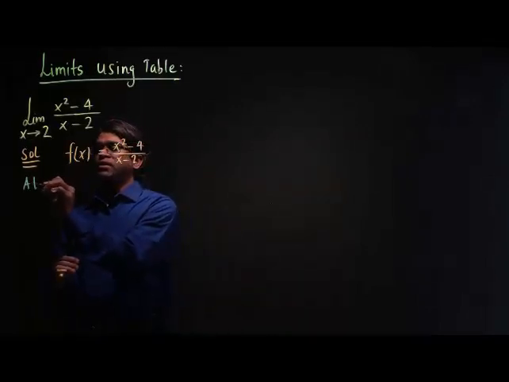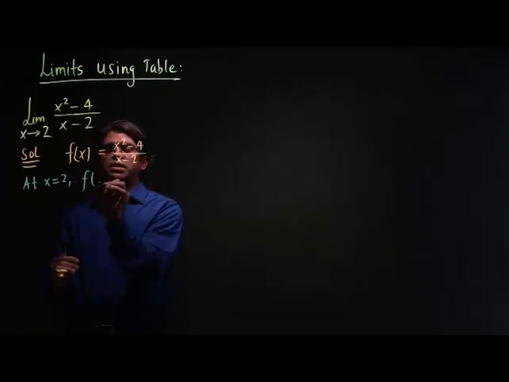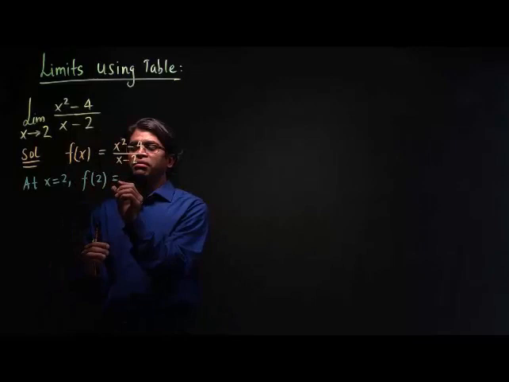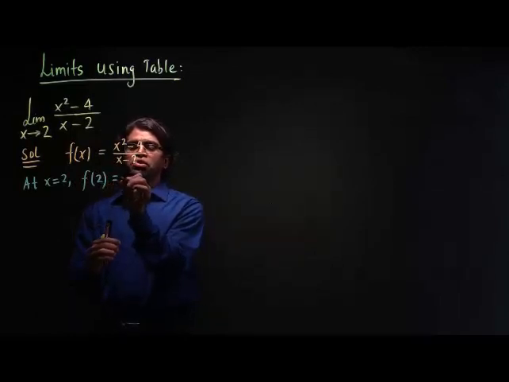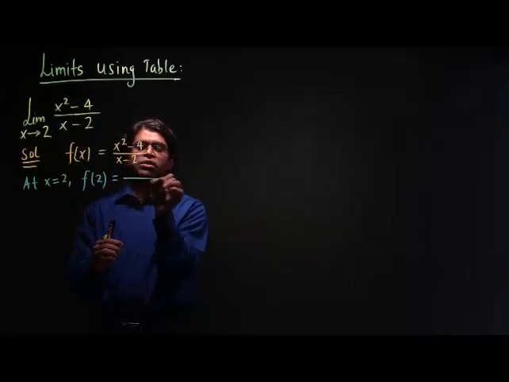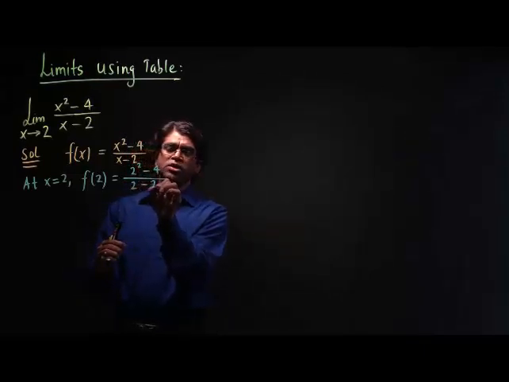At x equals 2, f(x) will be f(2), because I am substituting x equal to 2. So I have 2 squared minus 4 over 2 minus 2.